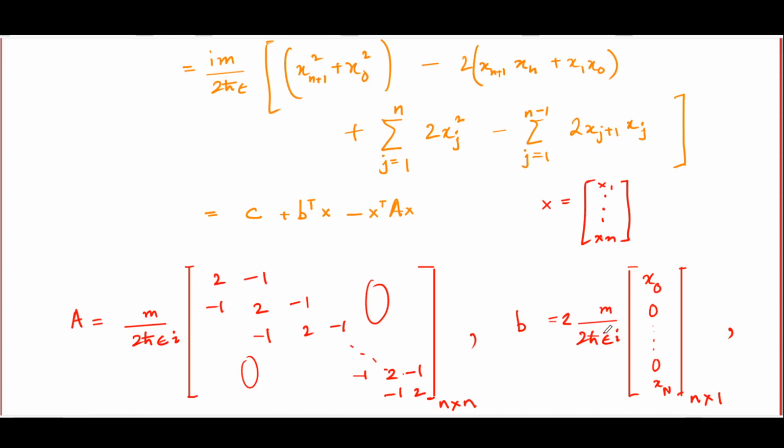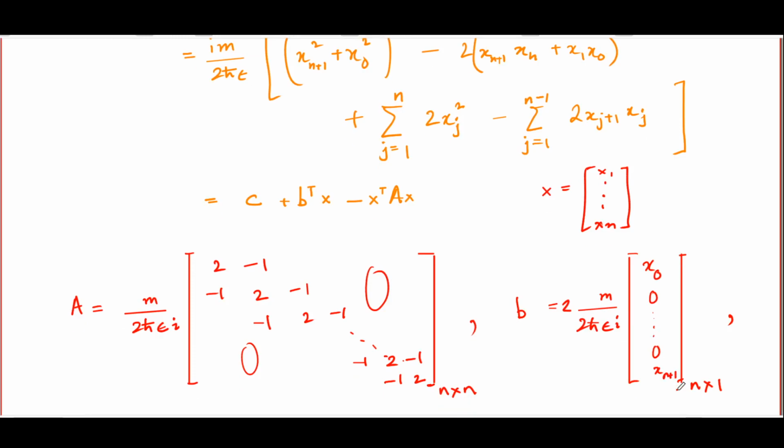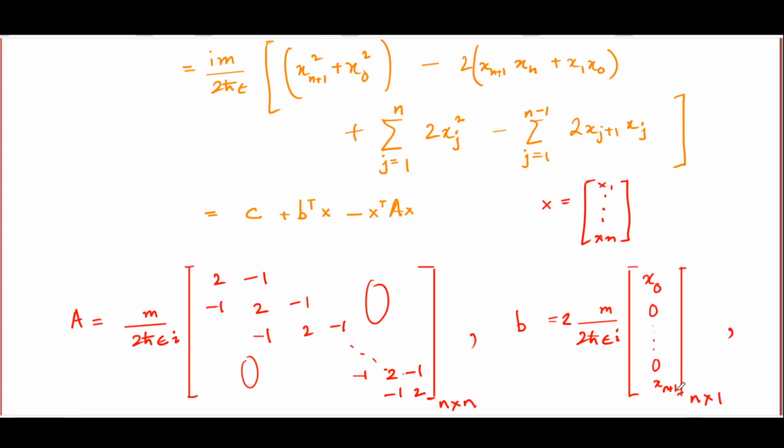So, B actually has non-zero components only in the very first one, which will be multiplied by x1 when you form b transpose x, and the last one, the one which will be multiplied by xn. So this is xn plus 1 here. And C, of course, the constant is simply I m by twice h cross epsilon, (xn plus 1) whole square plus x0 square.